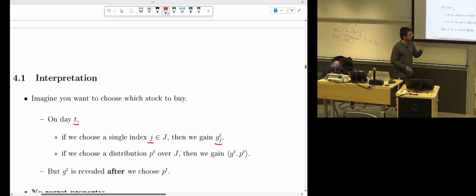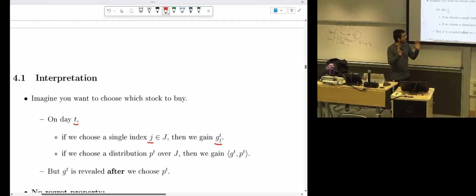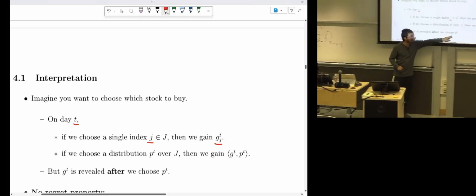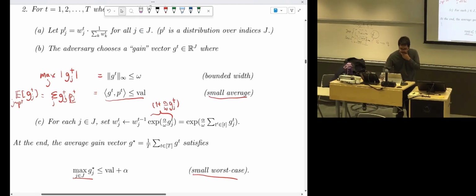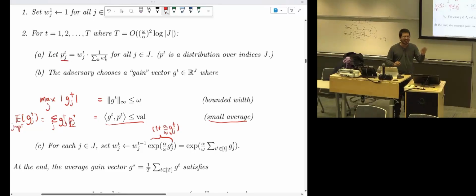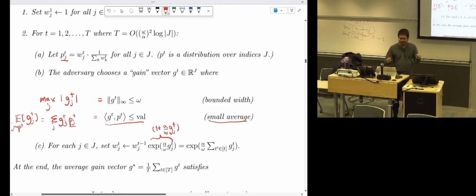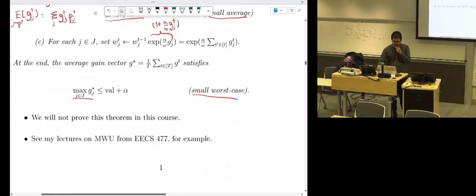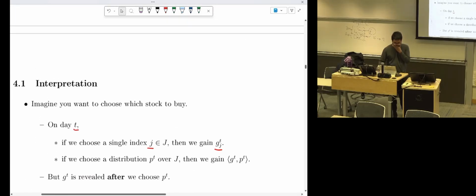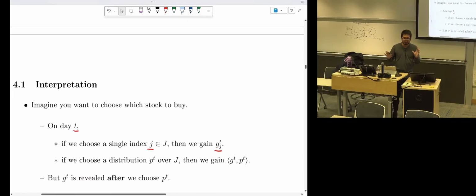The most important point in this scenario is that the gain vector is revealed after you choose P. You fix how you choose the distribution first, and then some adversary chooses the gain vector. So this gain vector can even depend on P. This is the scenario that you should think of.